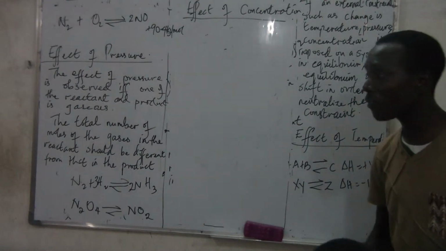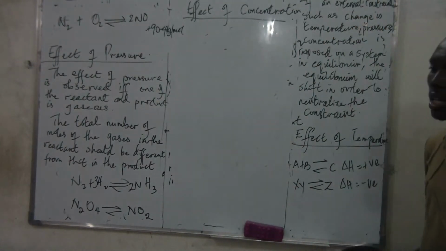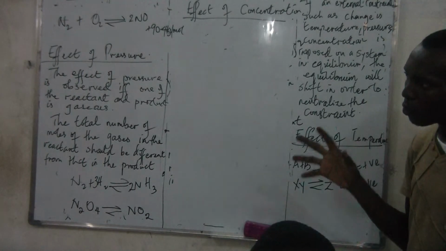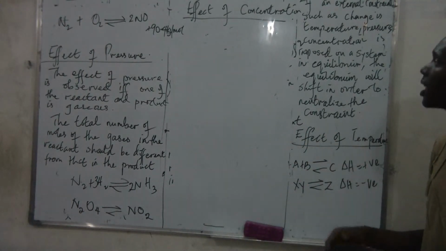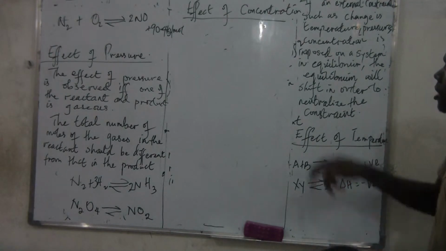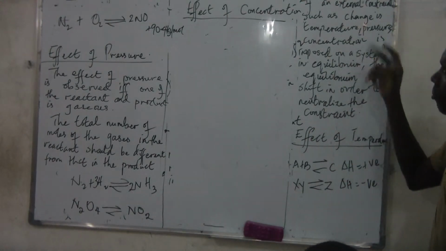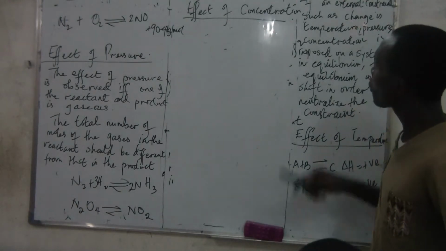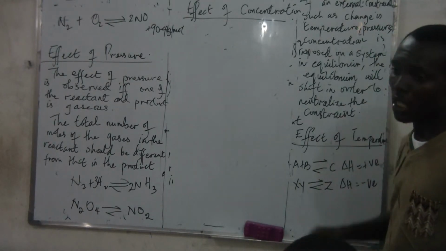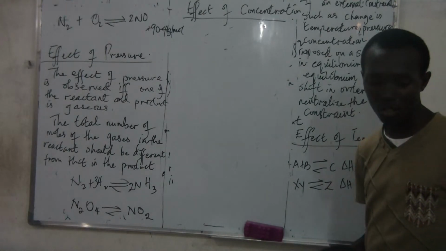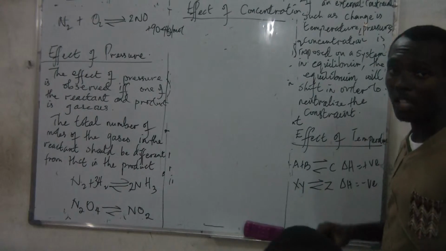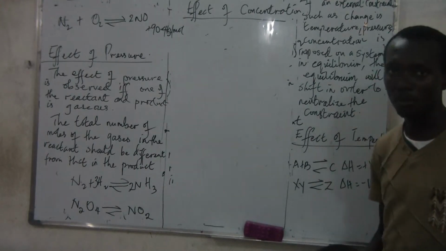The principle states that if you have a system that is in equilibrium, sometimes there is an imposition of an external constraint. This external constraint can either be a change in temperature, pressure, or concentration of the reaction. Pressure is more applicable for reactions that are gaseous in nature, while concentration affects reactions that are solid in nature most times.